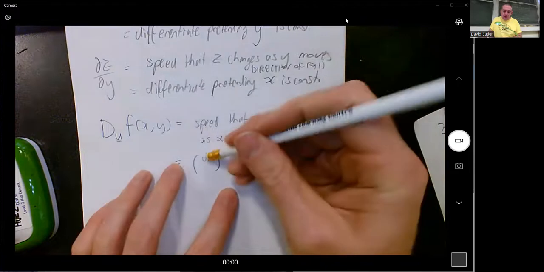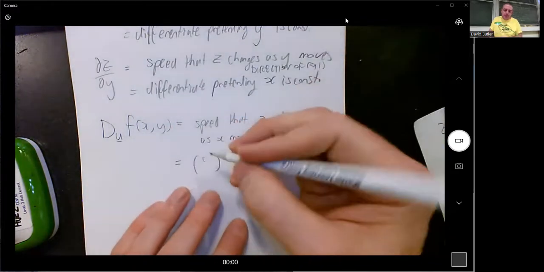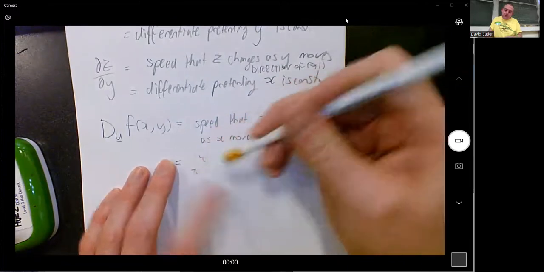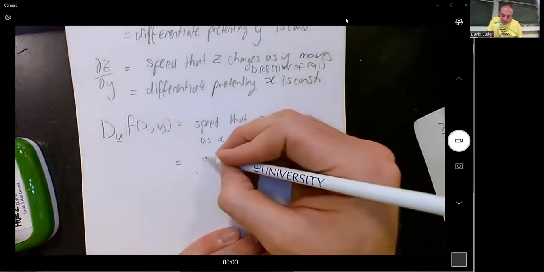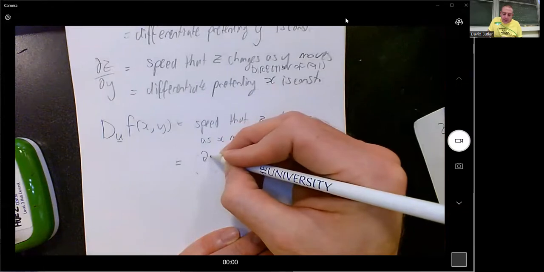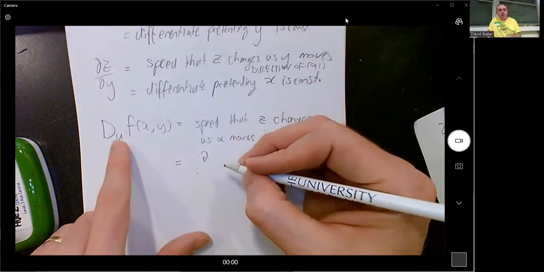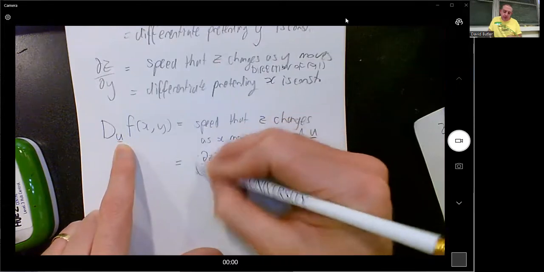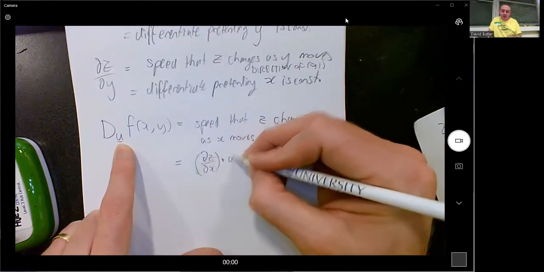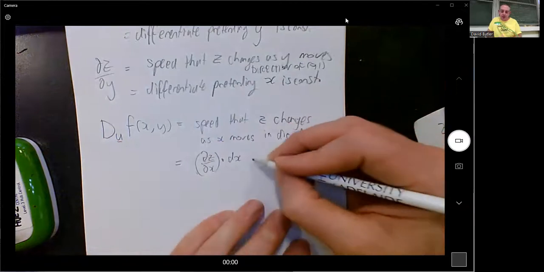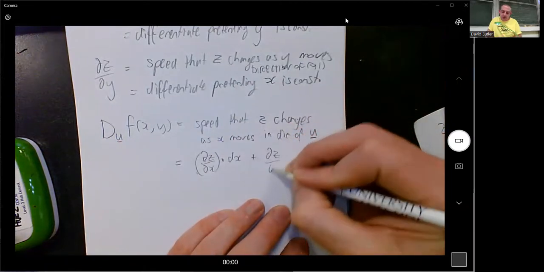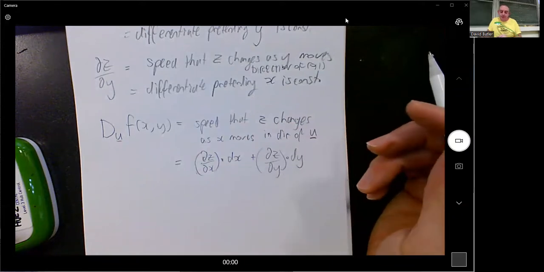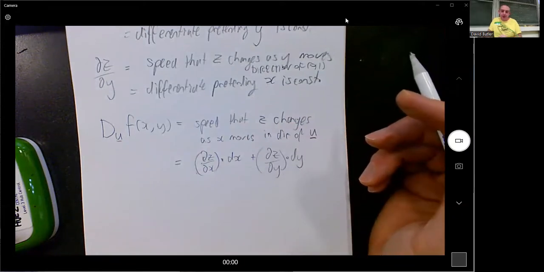like dz on dx. Just a second. I'm just going to shortcut it. You're going to get how quickly the amount that z moves when you move in this direction is going to be how quickly z moves when you move in the x direction times how far you go in the x. And this is going to be dz on dy times how far you go in the y. That's the story.